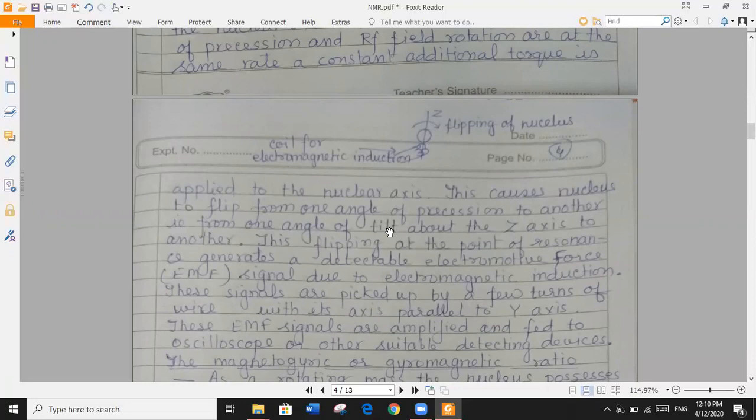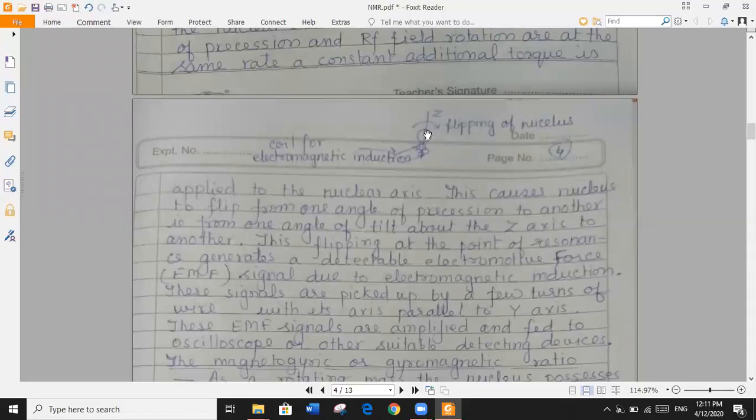Z axis के along वो एक डायरेक्शन में प्रिसेस कर रहा है, फिर वो वहां से दूसरे डायरेक्शन में फ्लिप कर जाता है. This flipping at the point of resonance generates a detectable electromotive force, and electromotive force signal is generated due to the electromagnetic induction.